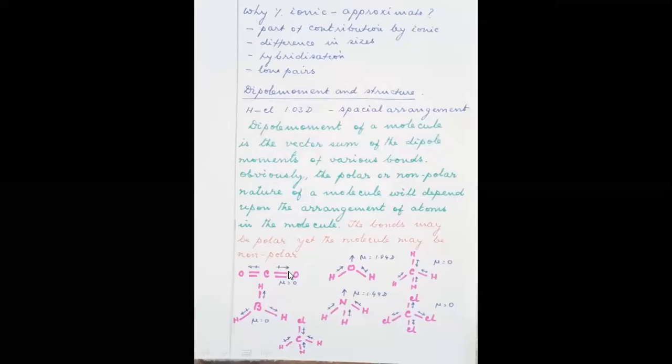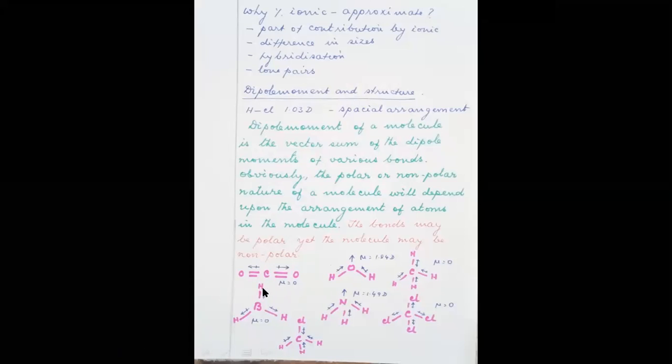Look here. This is the carbon dioxide molecule. The net dipole moment is the vectorial sum. What is a vector? A vector is a line segment drawn in space which would represent the magnitude and the direction of any physical entity.